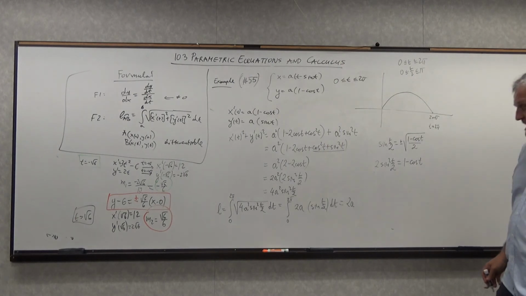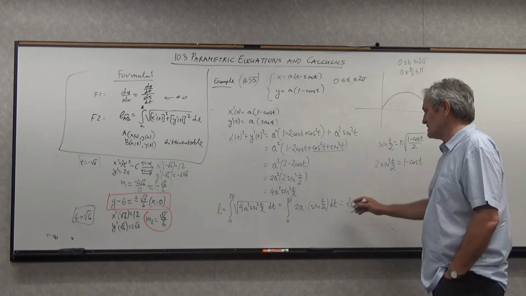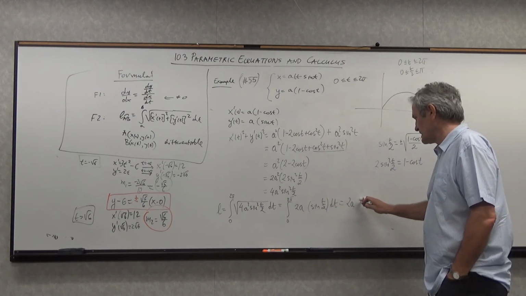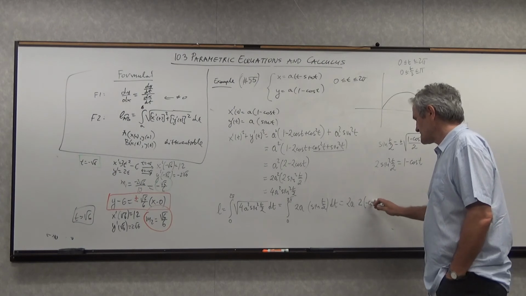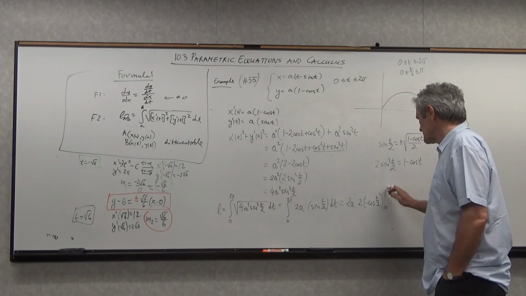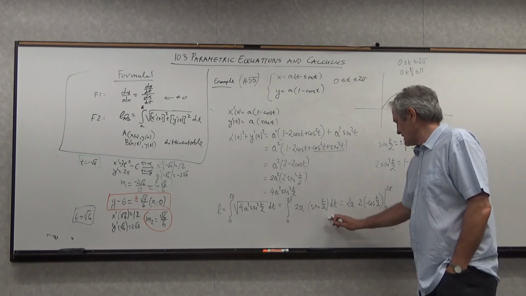The integral of sine is negative cosine, but with the linear correction, because the coefficient is 1/2, 1 over 1/2 is 2, so it's 2a times 2 times negative cosine t half between 0 and 2 pi. I didn't change the limits because I didn't do a change of variables. I just calculated it with the same variable, and that's it.